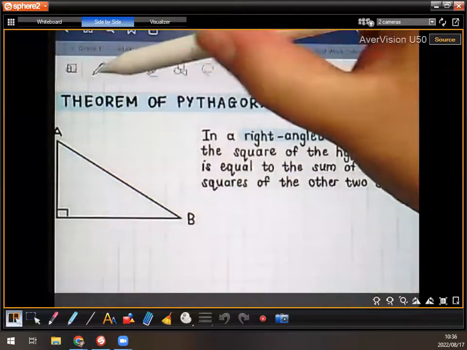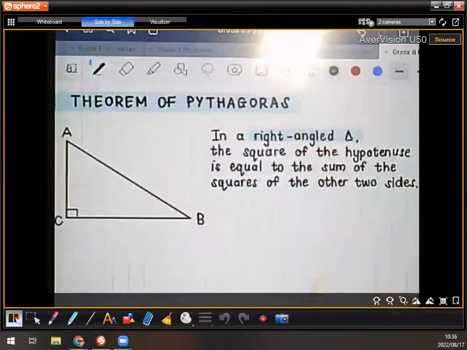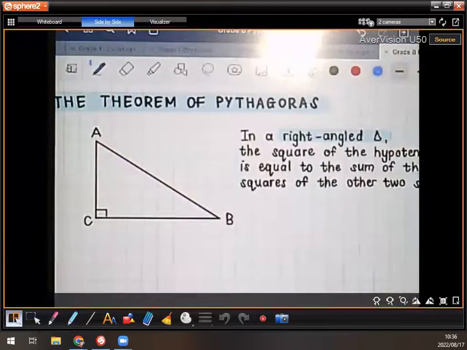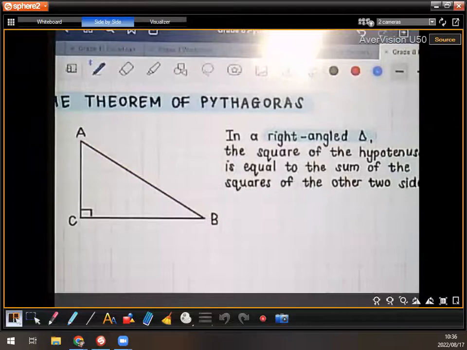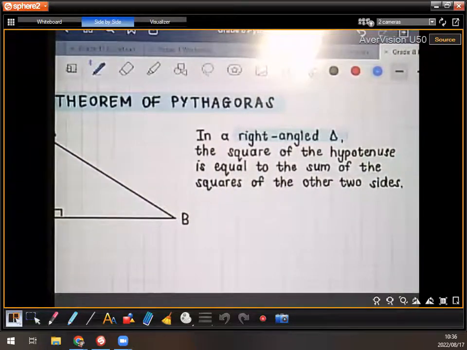Now, the question was asked, what is a hypotenuse? Does anyone know that? It is the side of a triangle that's opposite the right angle. I'm going to write that down now.